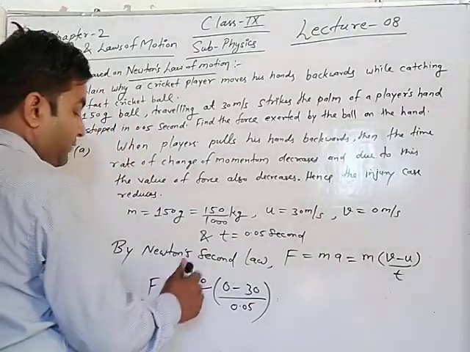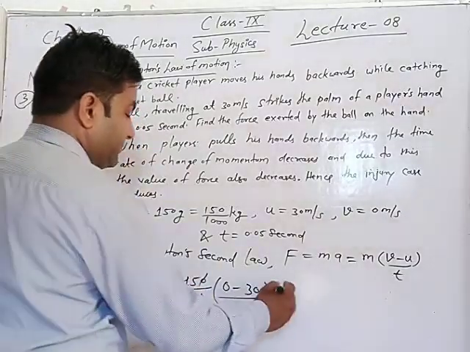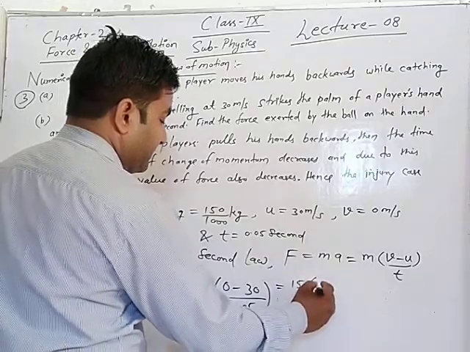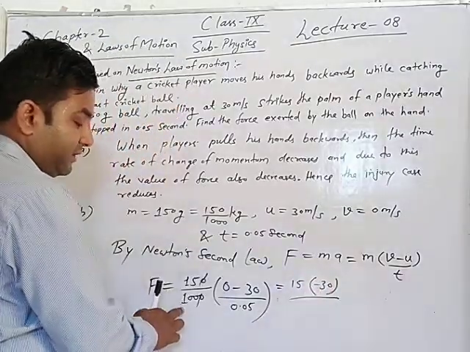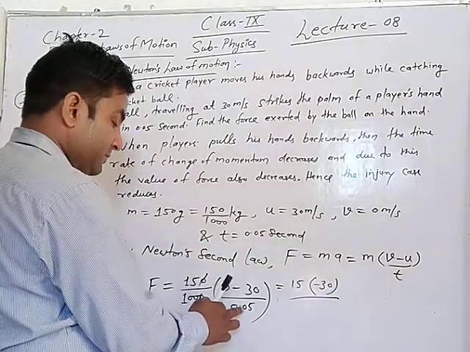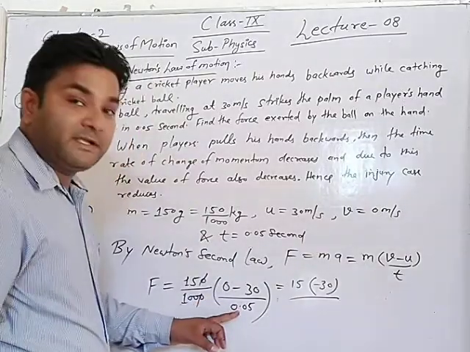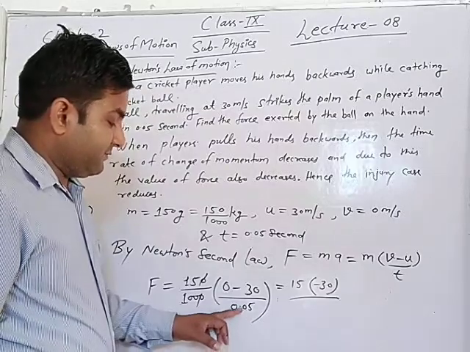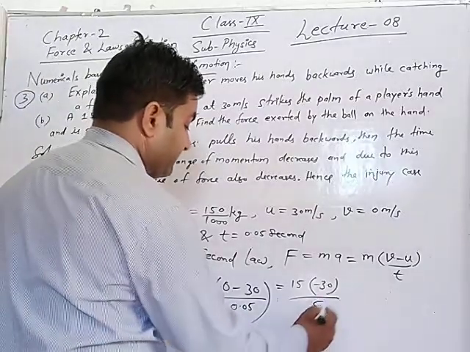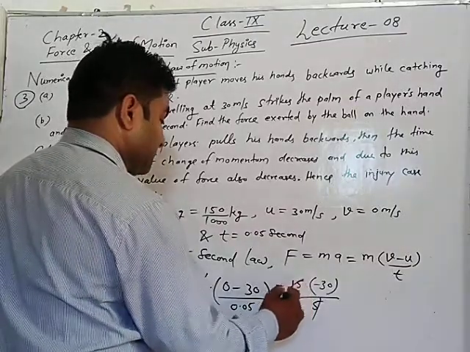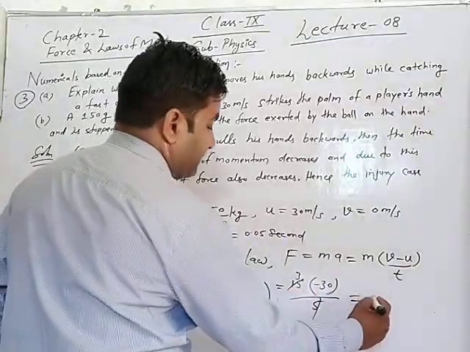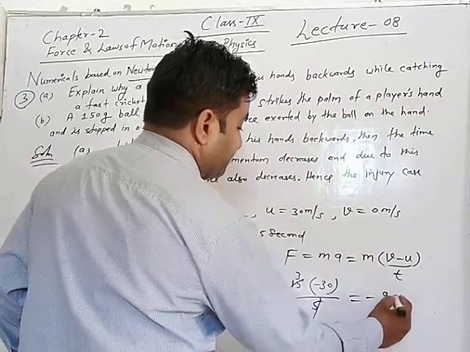So the 10s cancel out, so 15 in bracket minus 30, upon 0.05, this point will cancel out, only one 5 remaining, then 5 threes are 15, and 3 threes are 90.